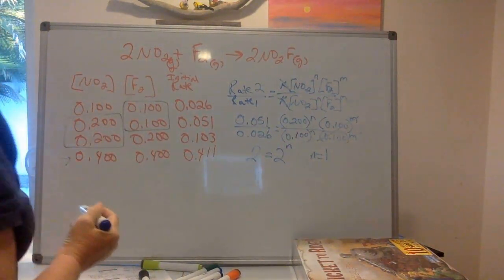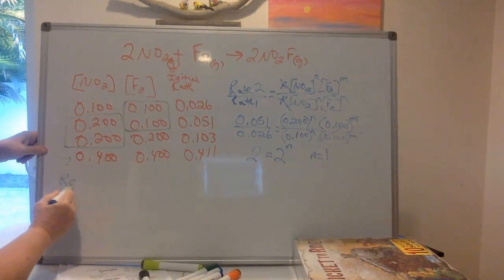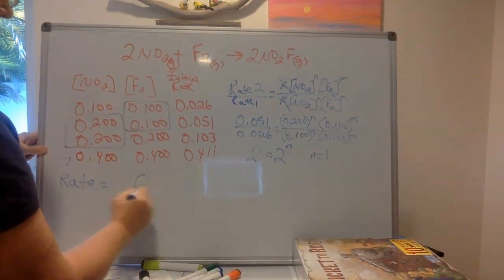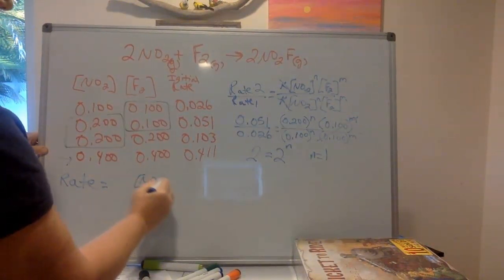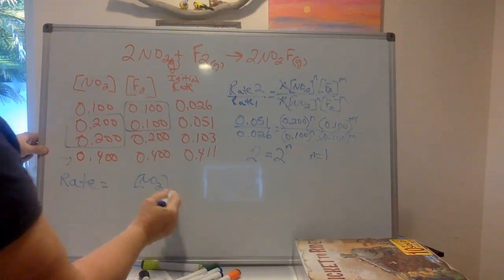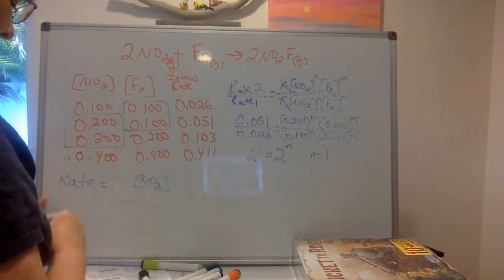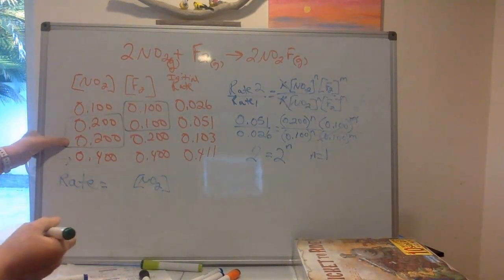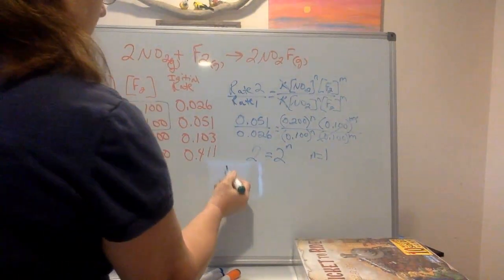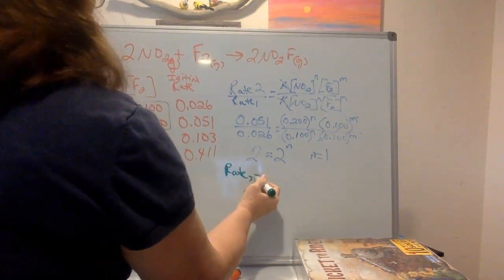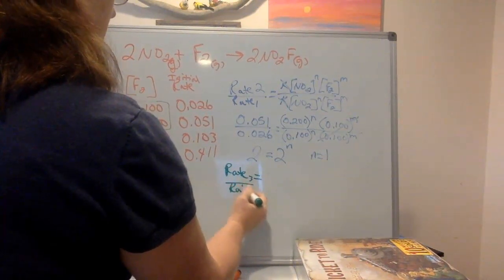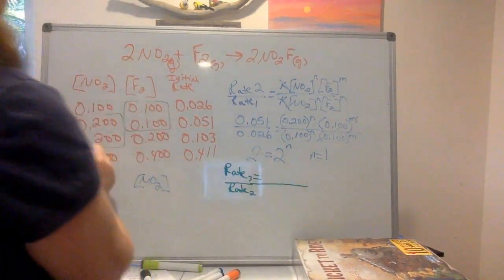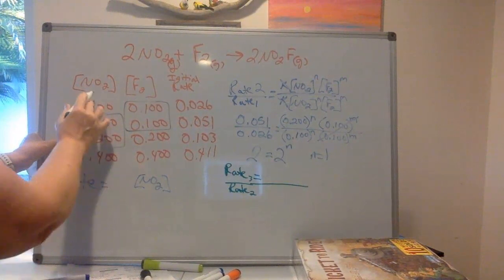If we were going to rewrite the rate law, we're saying the overall rate equals K, which we still have to solve for, times the concentration of NO2 to the first power, so we don't need to write the 1. Now we've got to calculate it for F2. We do the same thing, but we look at rate 3 and 2. So rate 3 over rate 2. We already know that K is the same, so I'm not going to write K. And I already know that NO2 is the same, so I'm not going to write NO2.